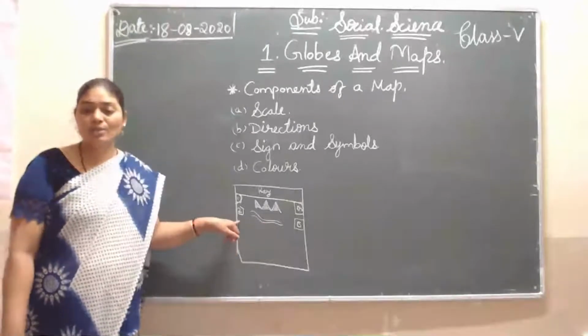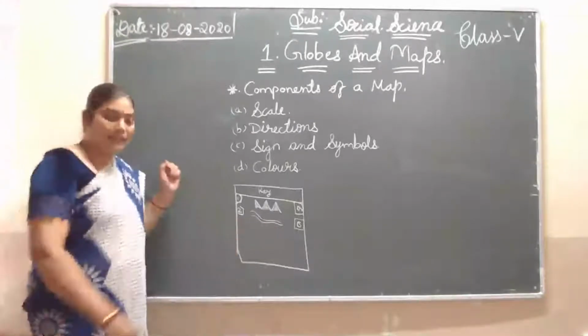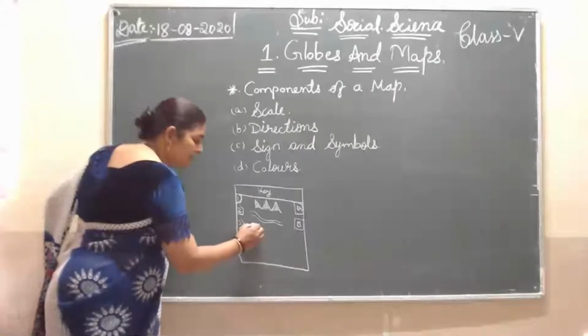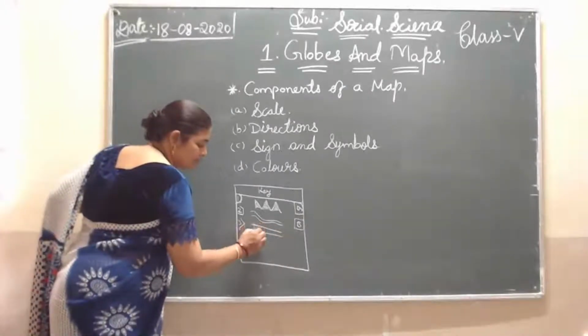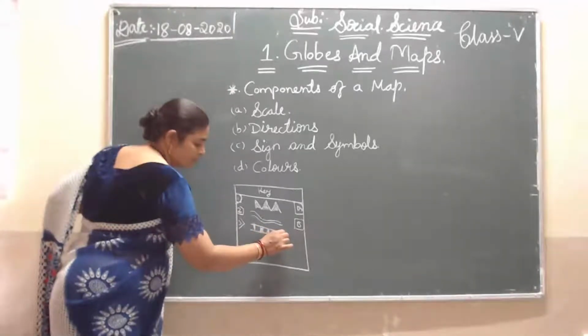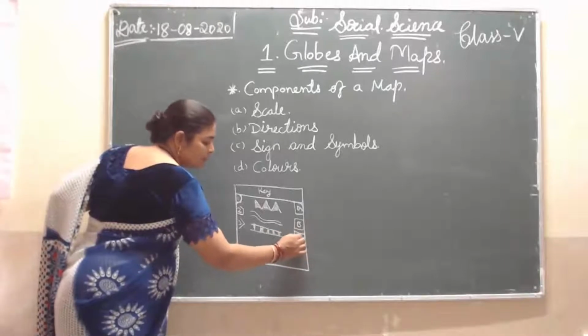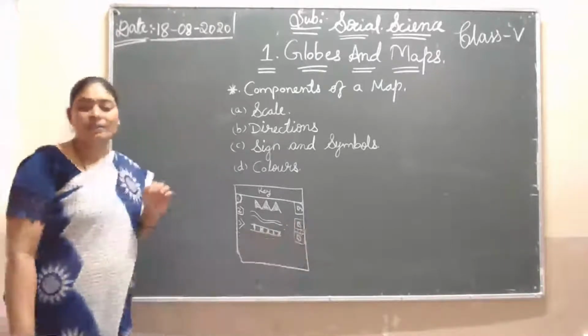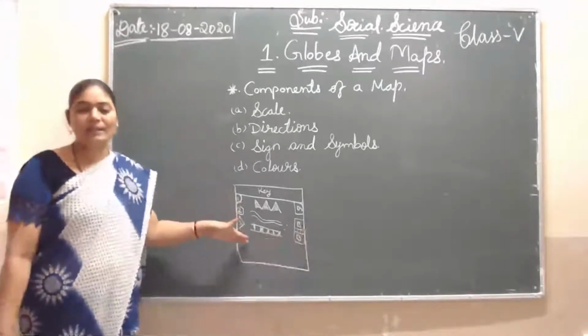Then again we want to see the railway lines. Third one, that is the railway lines they are showing like this. So railway line, it's also black color. So by this way we are seeing all these things.